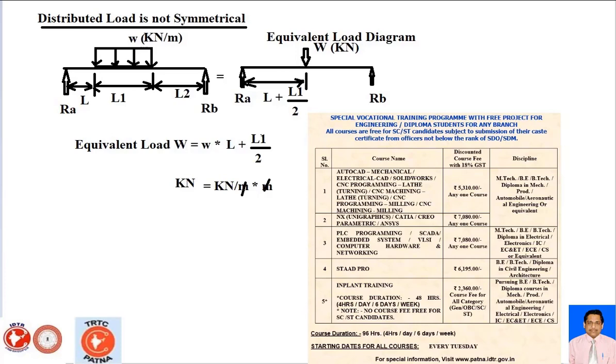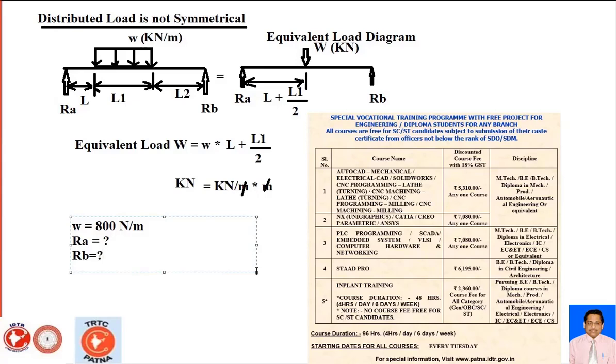First of all, I input the values, then compute. Suppose W is equal to 800 Newton per meter, and then you compute the values of RA and RB.